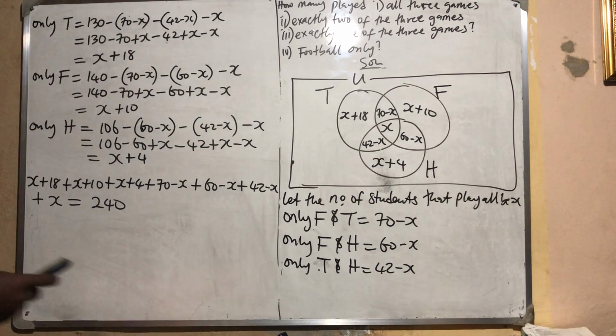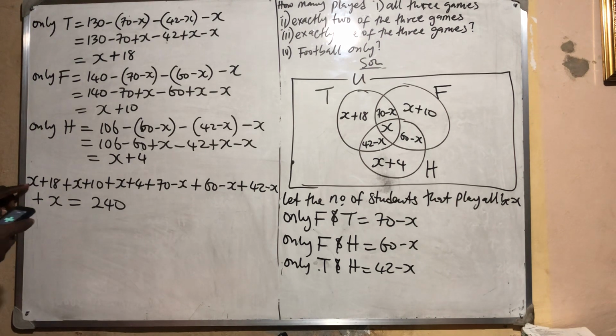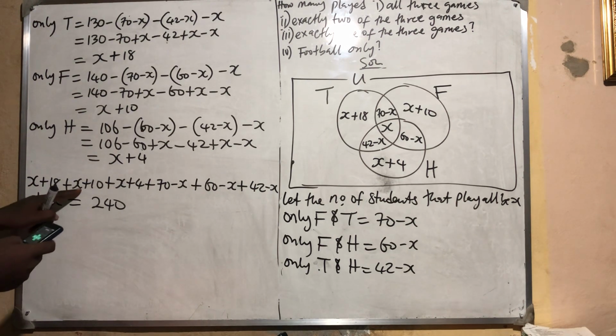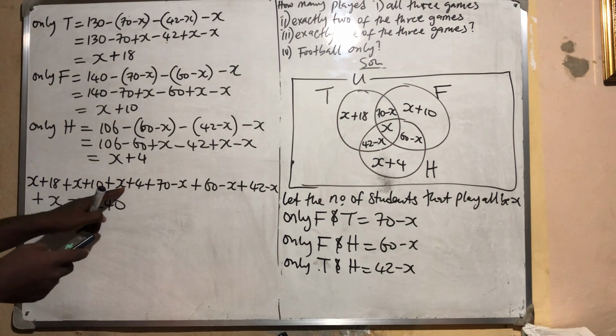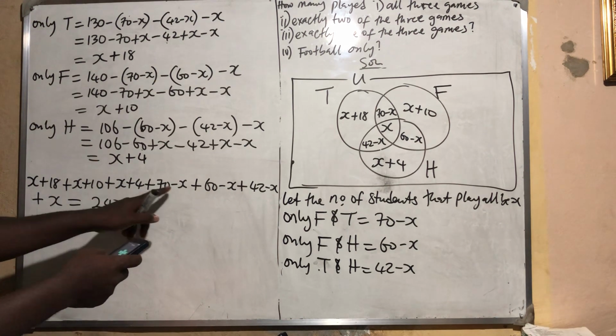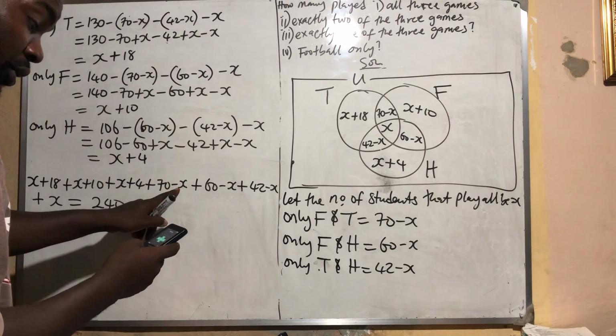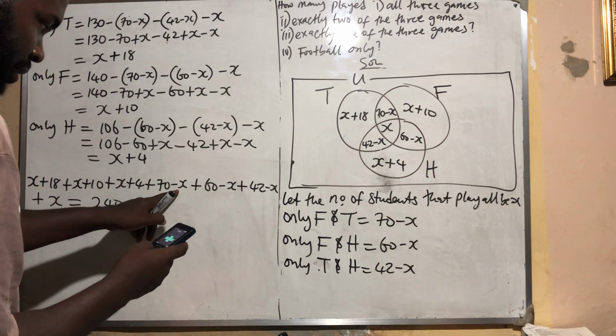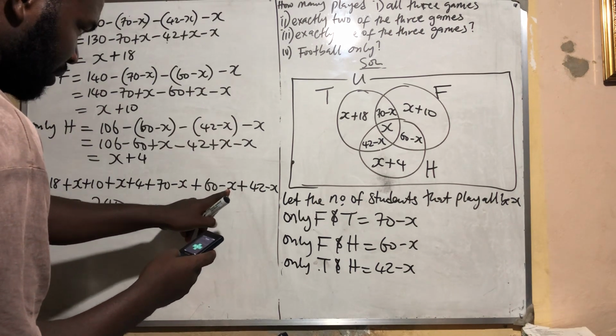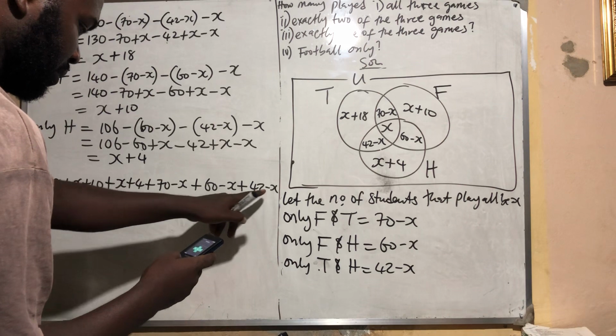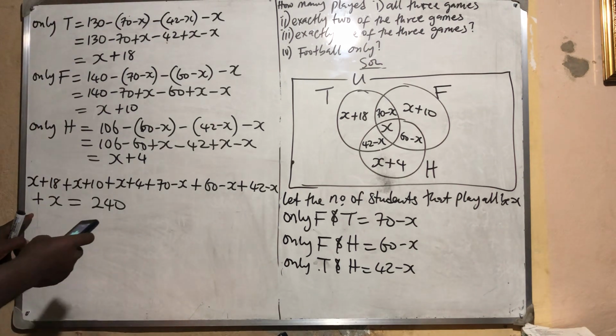Let me concentrate on all the x, and any x I see, I'll call it 1. In my calculator, I'll say 1 plus 1 plus 1 again plus, then now is minus, not plus, minus 1 minus 1 minus 1, then plus 1.